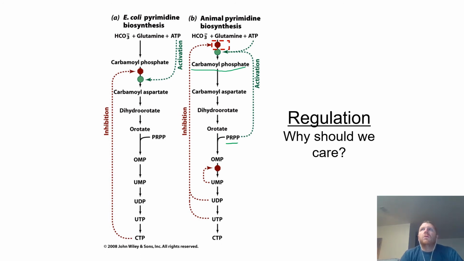So with respect to a pool of carbamoyl phosphate, the urea cycle is not taking place in E. coli, but if you think about an animal cell, the carbamoyl phosphate might be a little bit more stressed or limited in the cytosol because you have carbamoyl phosphate in the mitochondria, but you also have it in the cytosol.